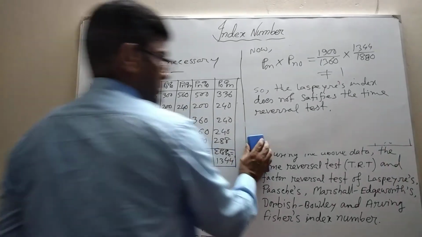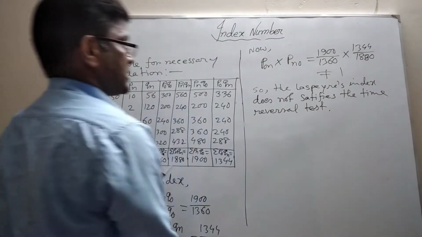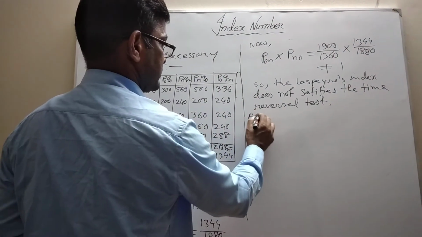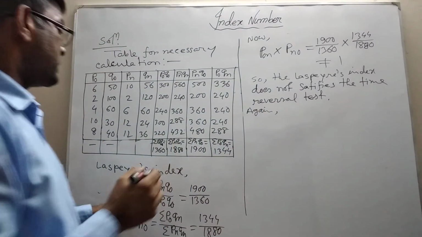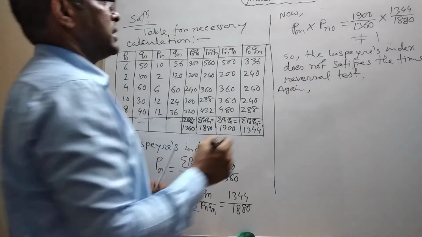Now we test the factor reversal test of Laspeyres index. Again, P01 is 1900 by 1360.